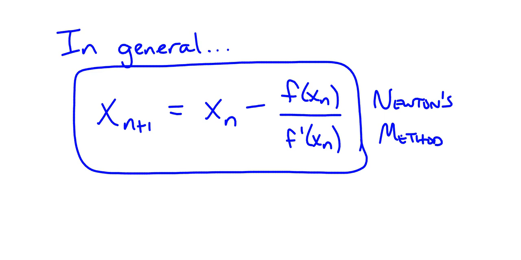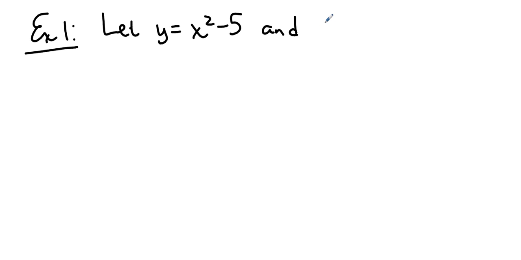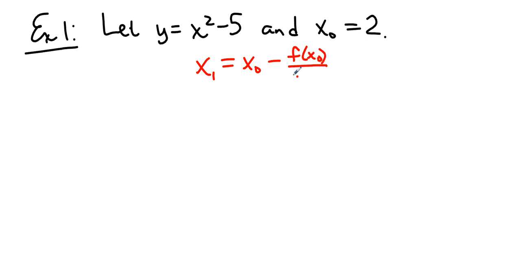I will illustrate. Let y equal x squared minus 5 and x0 equal 2. This almost makes sense. We know that there's a root here that's just bigger than 2, so 2 is an obvious place to guess. So how does this go? Well, x1 is x0 minus f of x0 over f prime of x0.